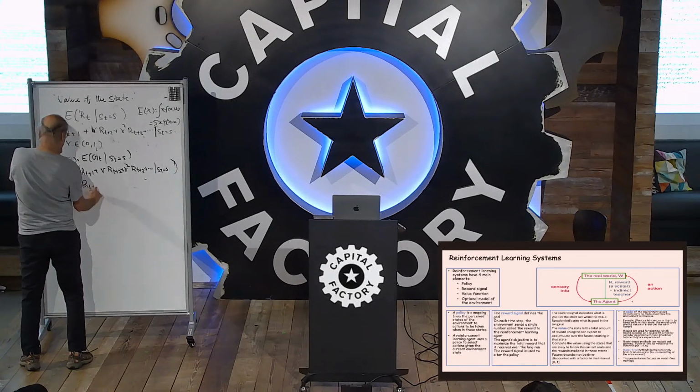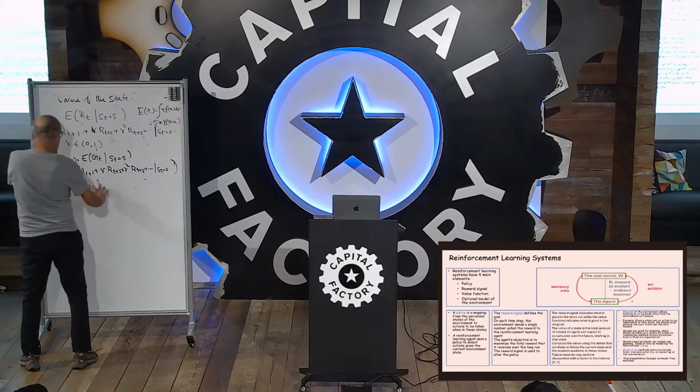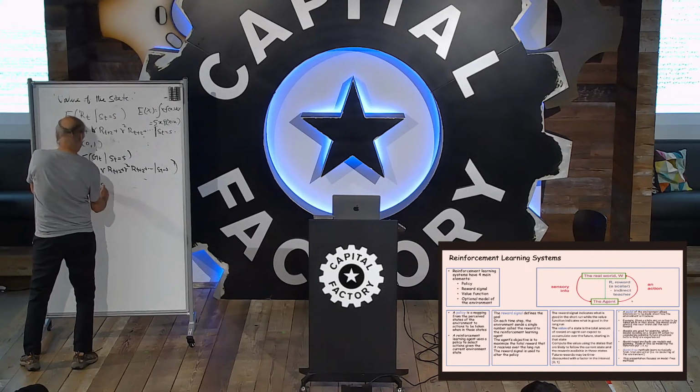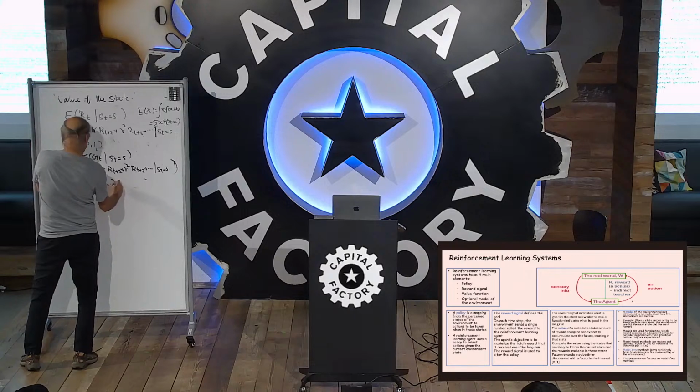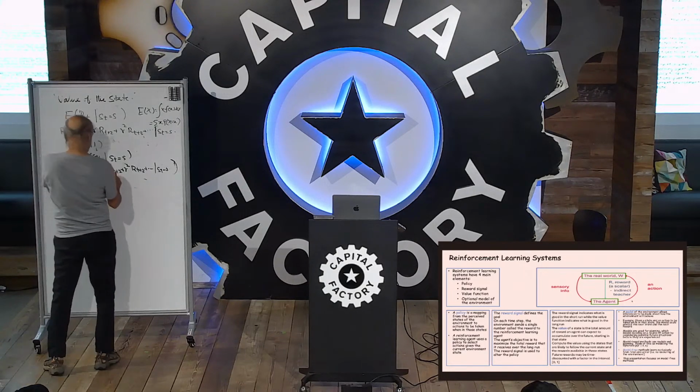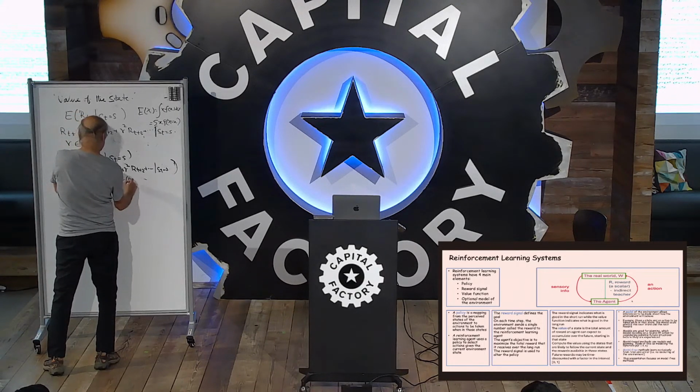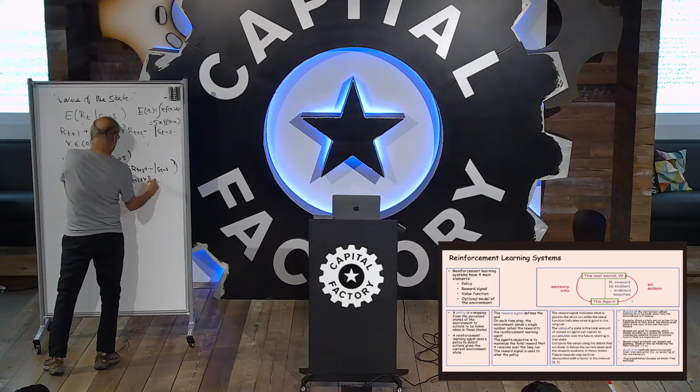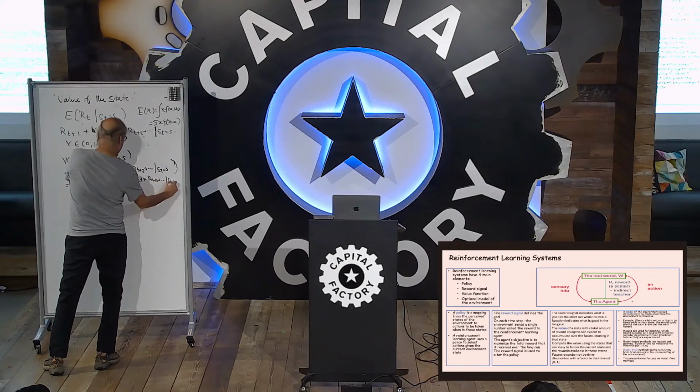It's the expectation of Rt+1 given St equal to s, plus, if you look at this part, we can write it as gamma times Rt+2 plus gamma times Rt+3, etc., given St equal to s.